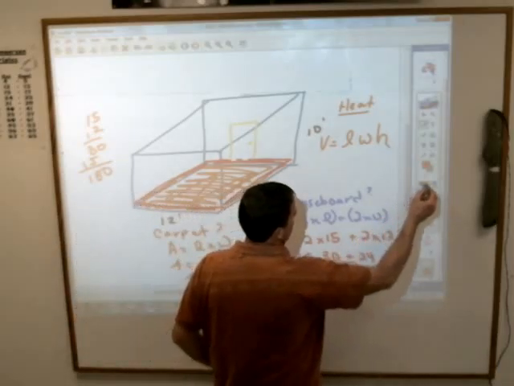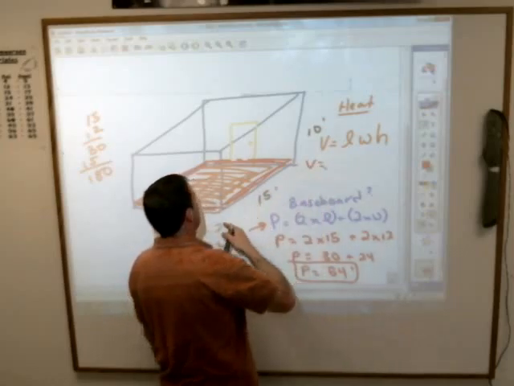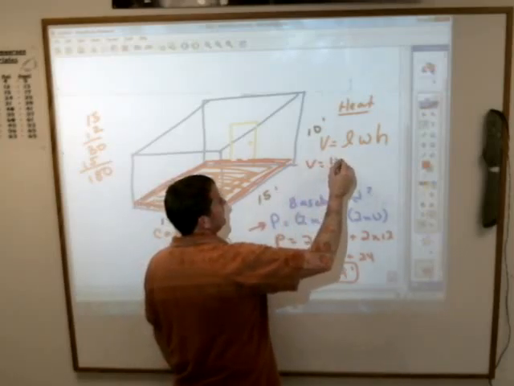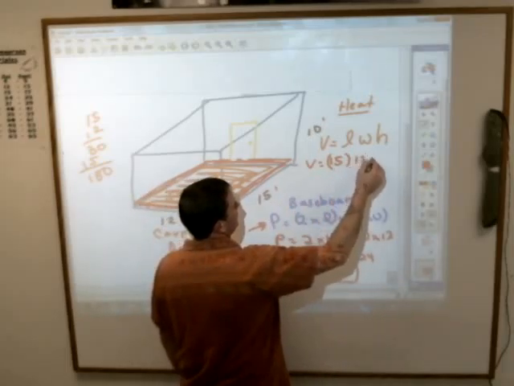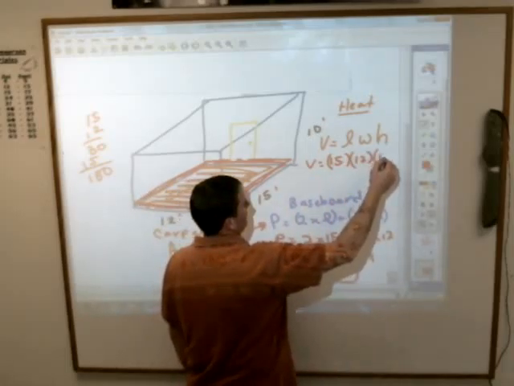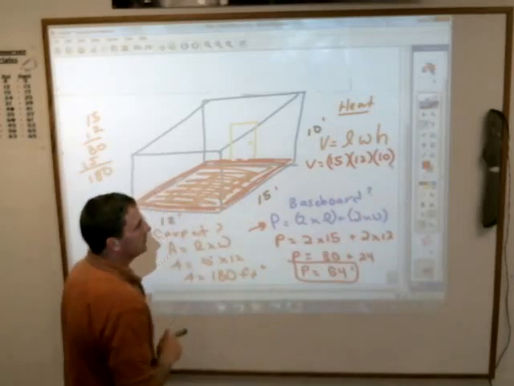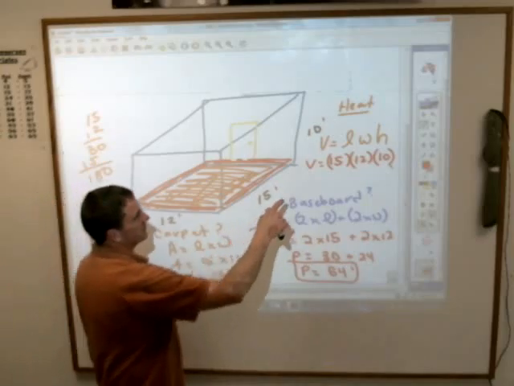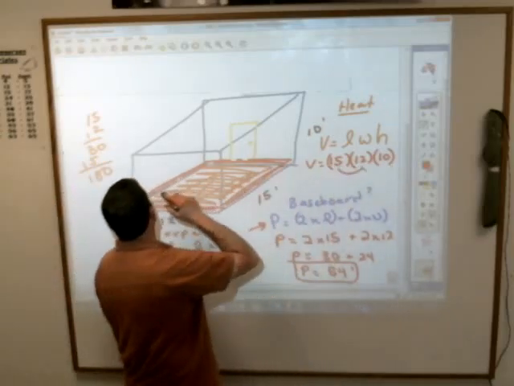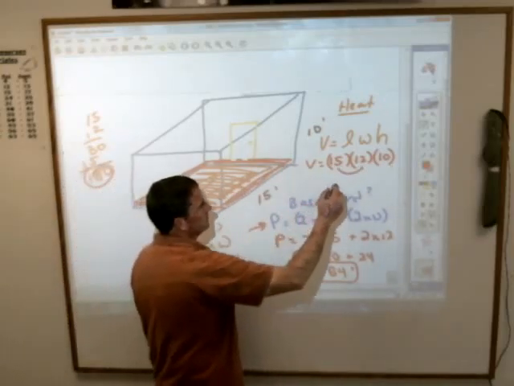So when I do this problem, volume equals length, 15, times width, 12, times the height, 10. Those things all get multiplied together. And I've already done 15 times 12 over here, so I know this is 180.